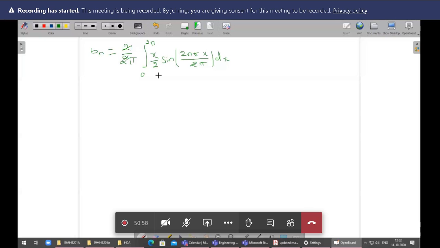So again here also we have first function, second function. So now I won't use the detailed way of by parts rule.